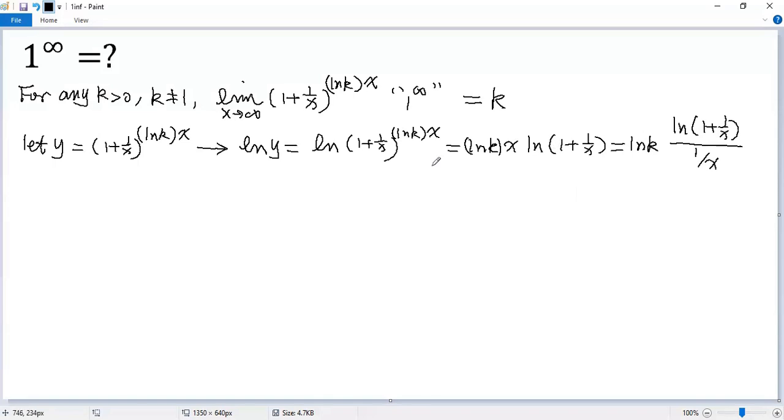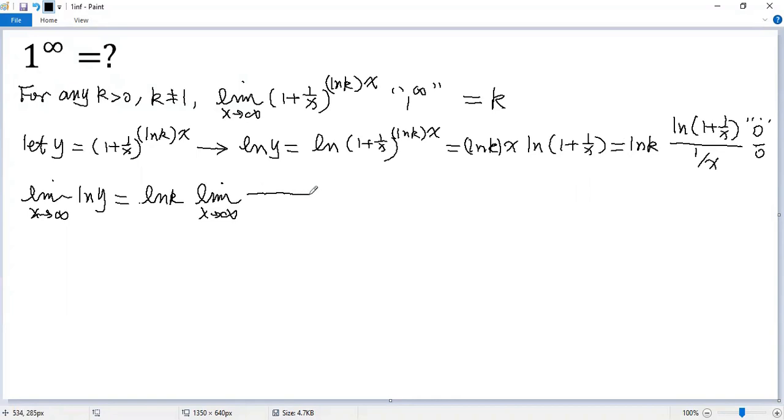So you see, when x approaches infinity, this part approaches 1, so the top approaches 0, and the bottom again approaches 0. So it's a 0 over 0 type, right? We can use L'Hopital's rule. So the limit when x approaches infinity of ln y equals, I can take this out, ln k times the limit as x approaches infinity.